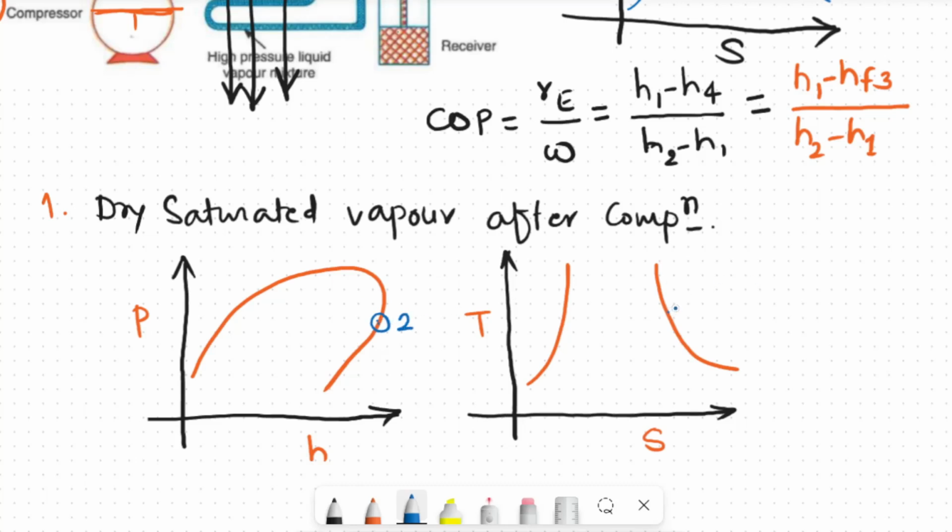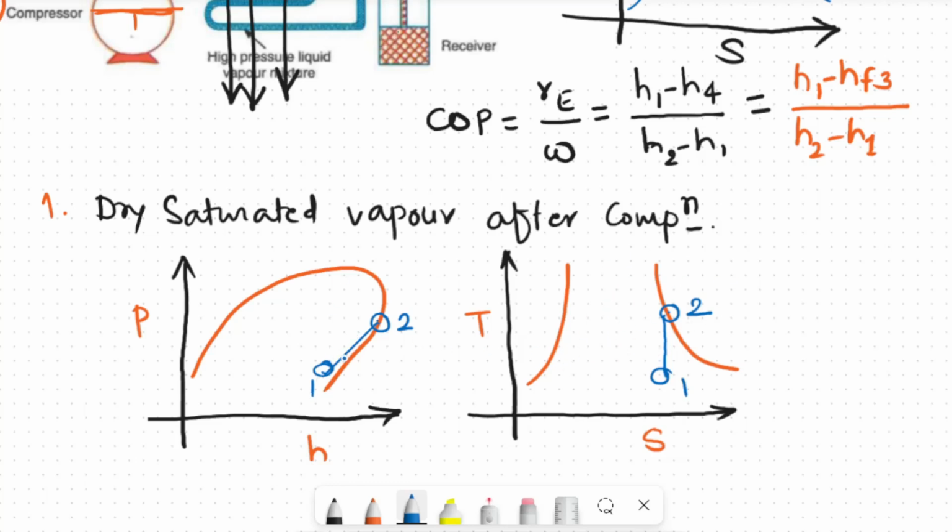So this is the point two. It means that the refrigerant will be inside the dome during the process of compression. So point one will be the mixture. Okay.